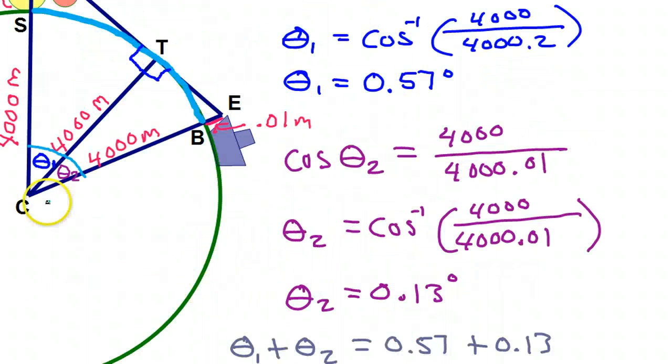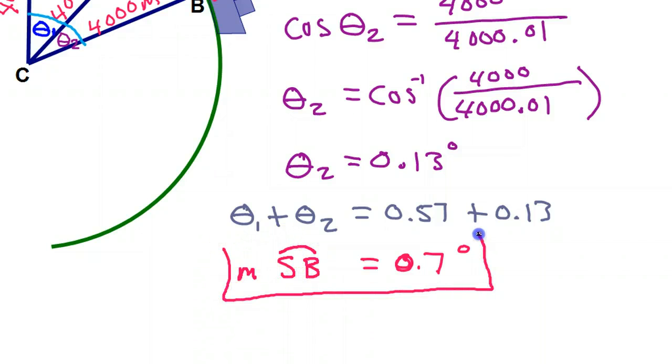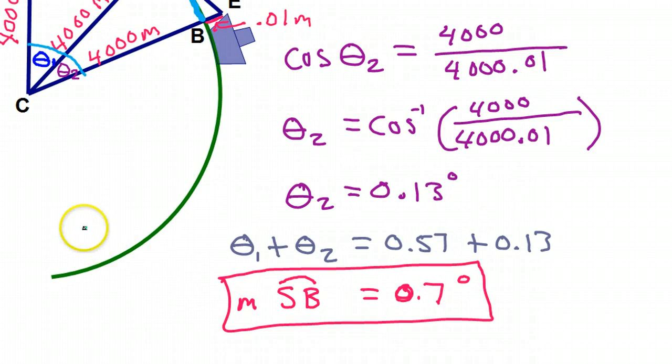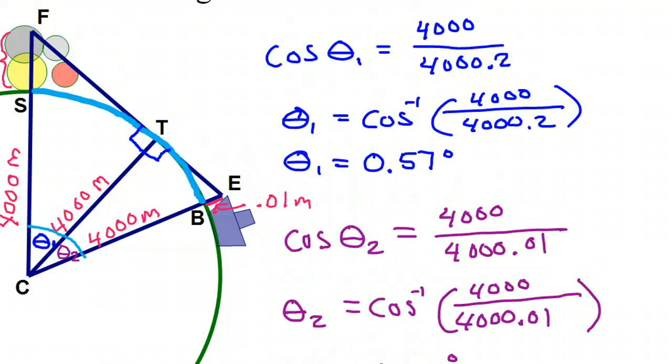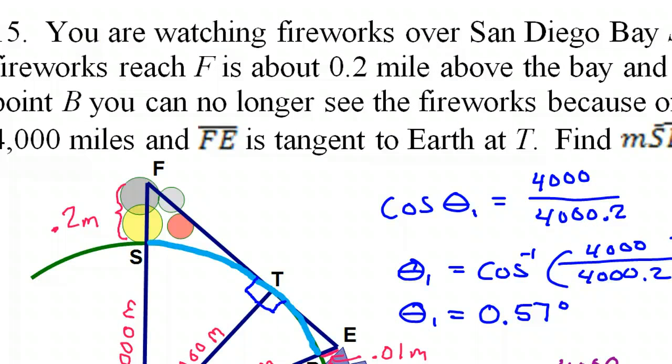And remember, the sum of these angles is the same as the arc because it's at the center. So the measure of arc SB turned out to be 0.7 degrees. A very small angle indeed, almost 1 degree. And that, my friends, was the answer to number 15.